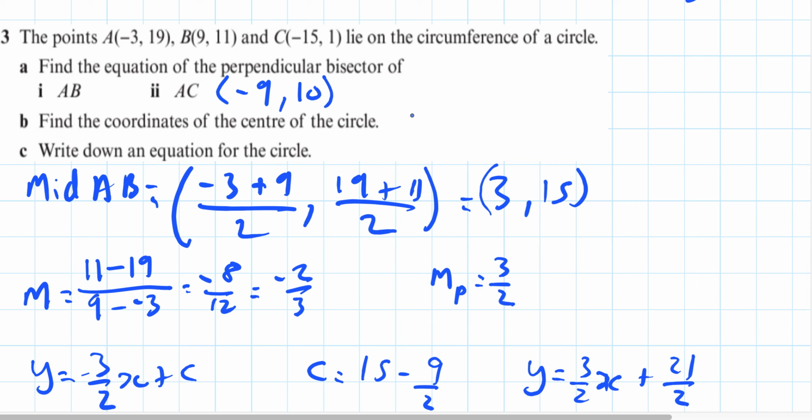And then work out the gradient, which is going to be 1 minus 19, it is minus 18, divided by minus 15 minus 3, which is minus 18. So the gradient is minus 18 over minus 15 plus 3, which is minus 12. So that becomes a positive reciprocal, so that equals 3 over 2. So my perpendicular gradient is minus 3 over 2.